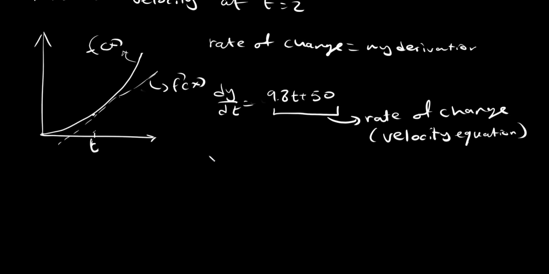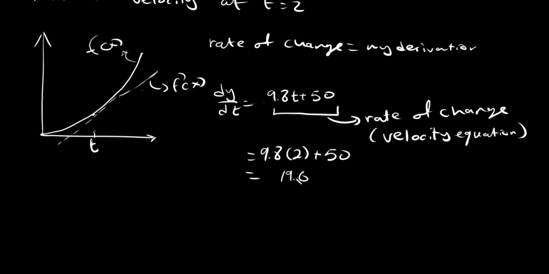Alright, so now he's just asking you at t equal to 2. So let's just plug in t equal to 2. So here, let me just calculate it real quick. It's going to give us 9.8 times 2, which is 19.6.